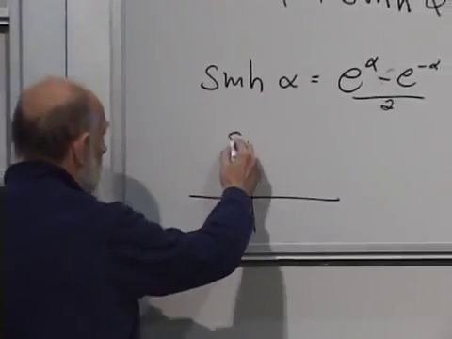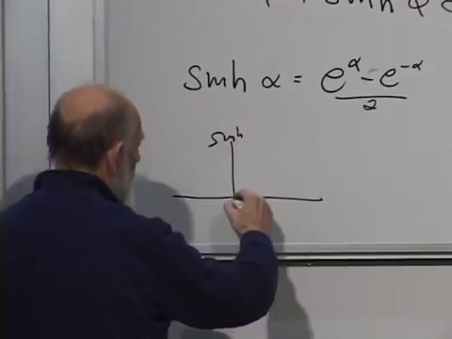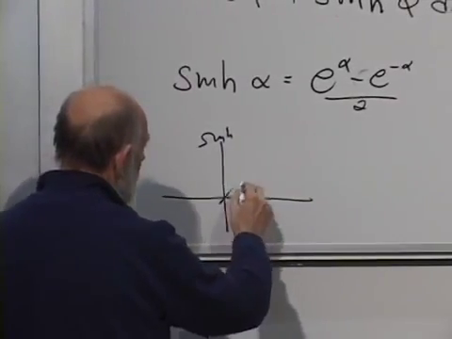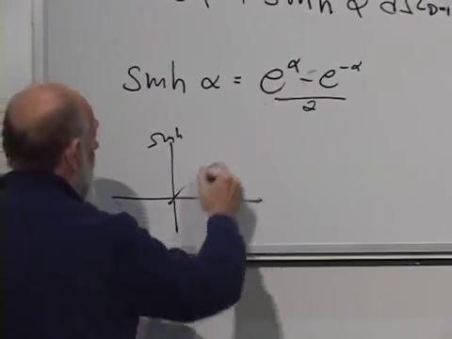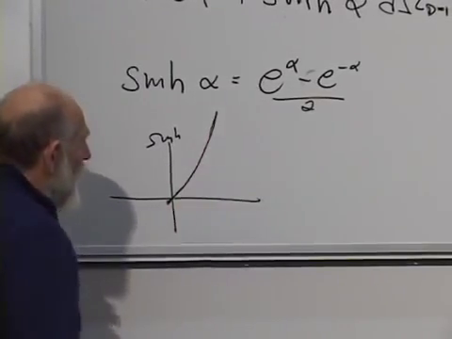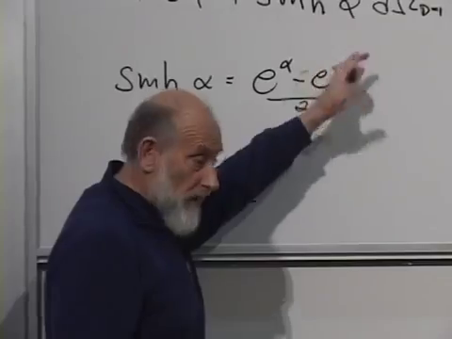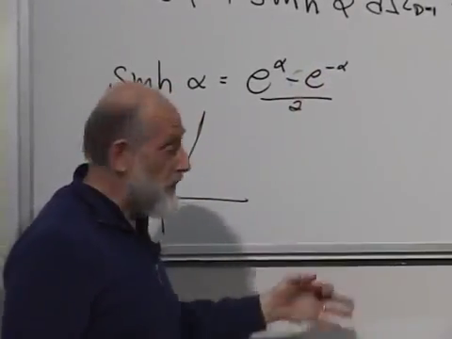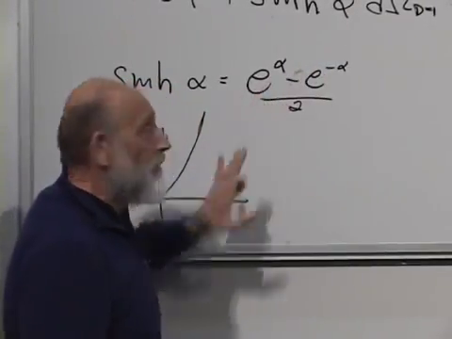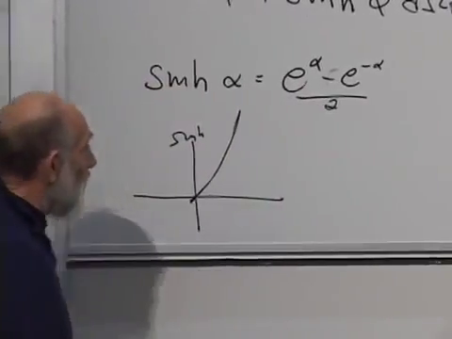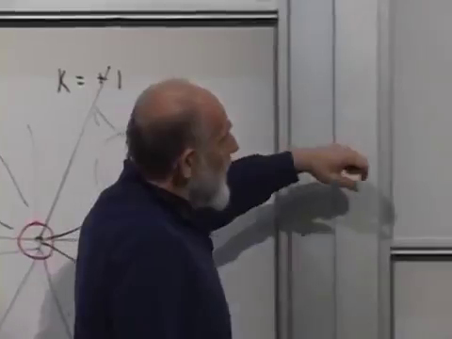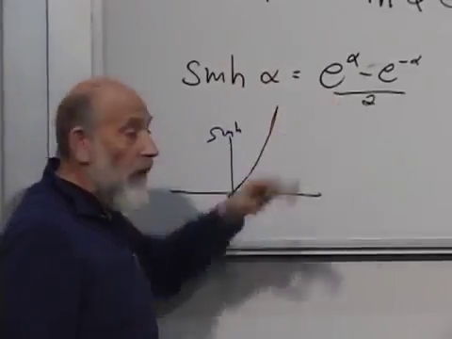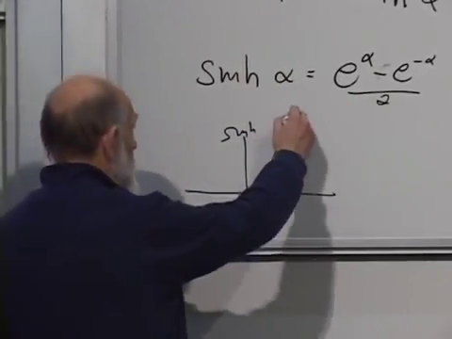So the hyperbolic sine begins very much like the sine, but instead of turning over and coming back to 0, it exponentially increases. When alpha gets large, e to the minus alpha gets very small, so this is negligible, but e to the plus alpha grows. So for large alpha, this is basically just e to the alpha over 2, and it just grows.